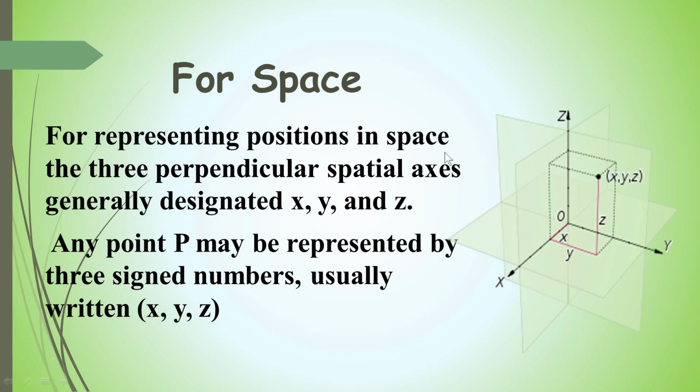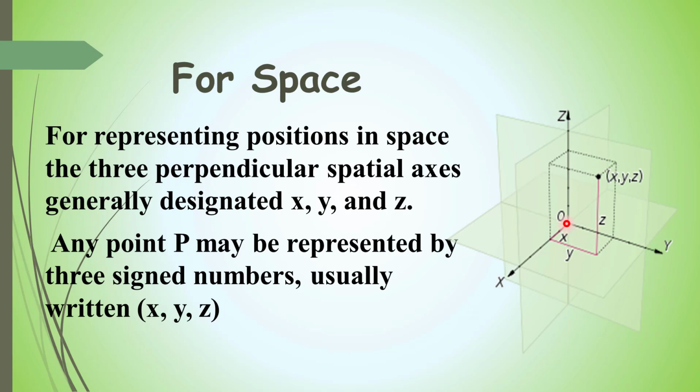Okay, if we are talking about the three-dimensional coordinate system, we are having a plane as well as some height. If you are standing at the corner of a room, you can consider that corner as the origin. This common point, the point where all these axes are meeting, is known as the origin.